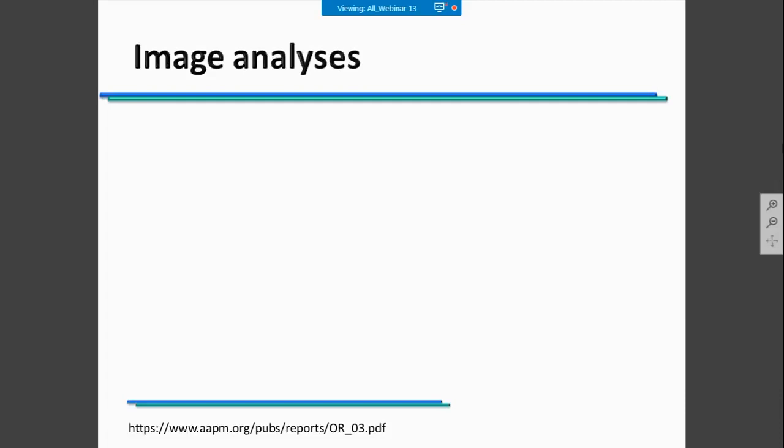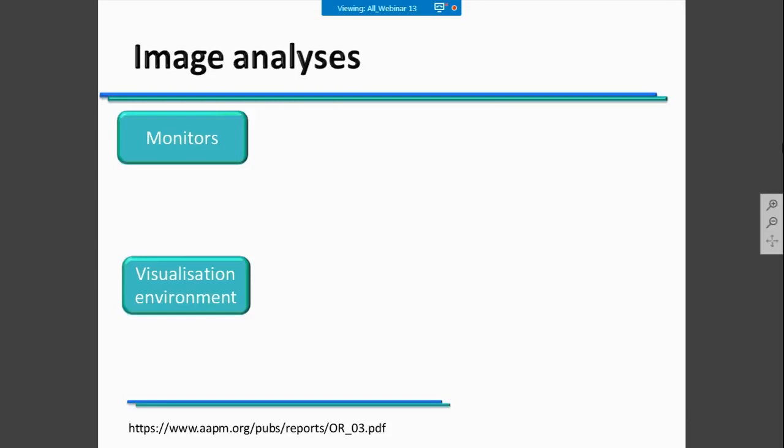So before you start to analyze your image, it's very important to analyze the conditions you have when you are reporting. For example, you need to check your monitors, and you also need to check the environment you have when you are reporting.